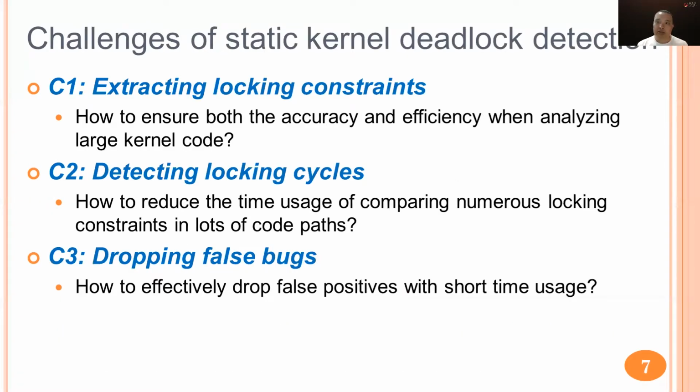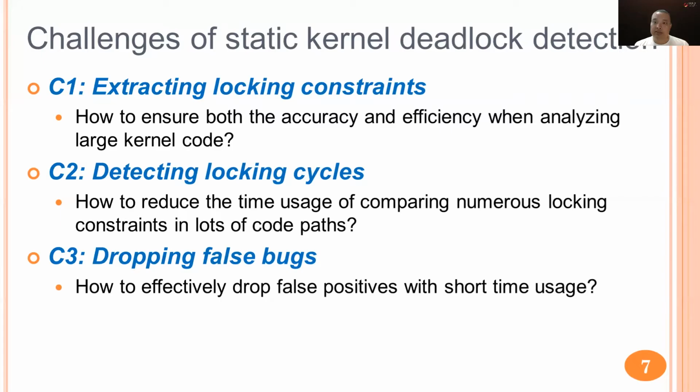For static kernel deadlock detection, there are three important challenges. First, when extracting locking constraints, it is challenging to ensure both the accuracy and the efficiency, especially when the kernel code is large.